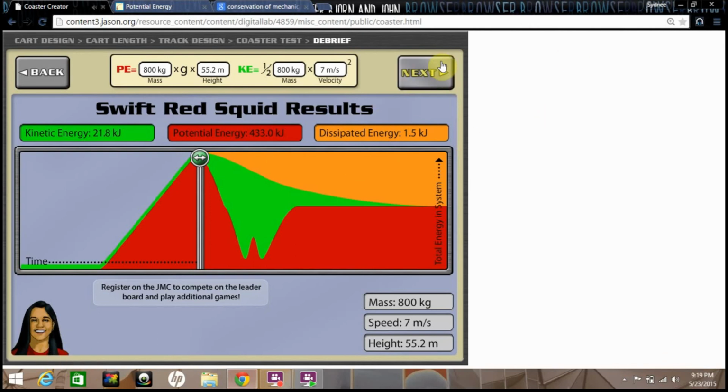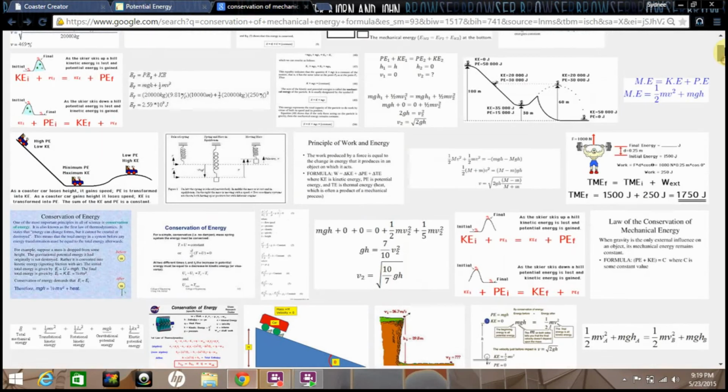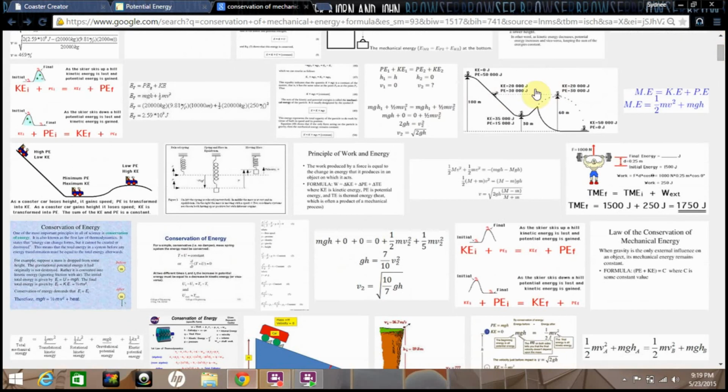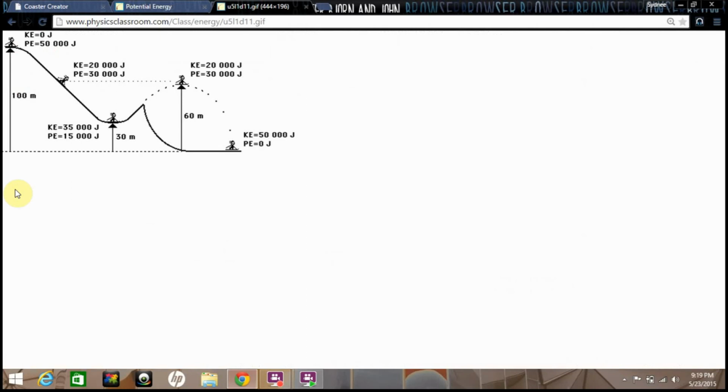Right. So let's go to an actual example, or the one we like to call the perfect example of potential and kinetic energy. Here it is. As you see, this is why it's perfect, because kinetic energy can never be zero for our potential energy to be 50,000 joules.